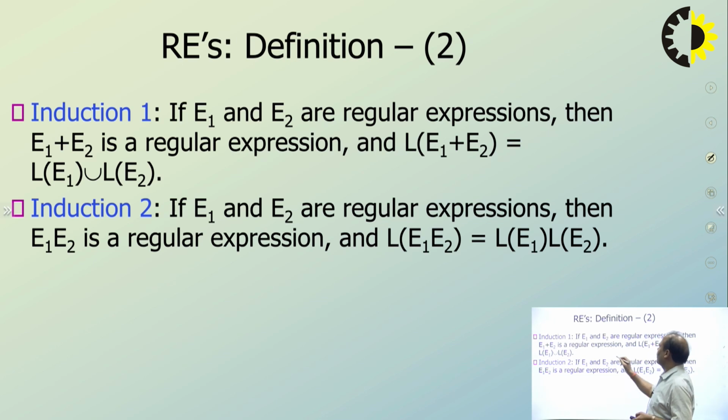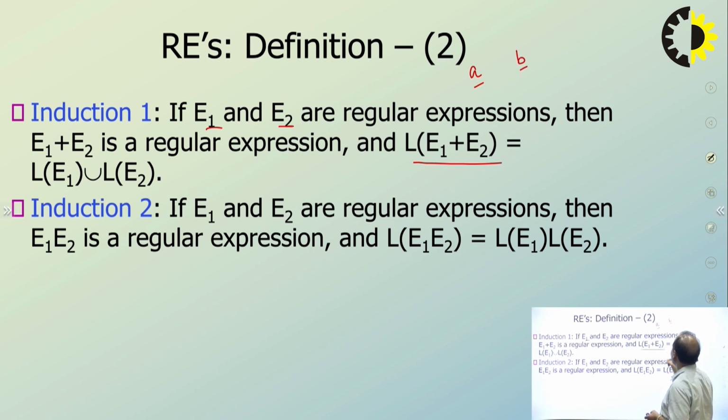Induction 1 says: if E1 and E2 are regular expressions, then E1 plus E2 is a regular expression and the corresponding language L(E1 + E2) is the union of L(E1) and L(E2). For example, a is a regular expression by basis number 1, and b is also a regular expression by the same basis.